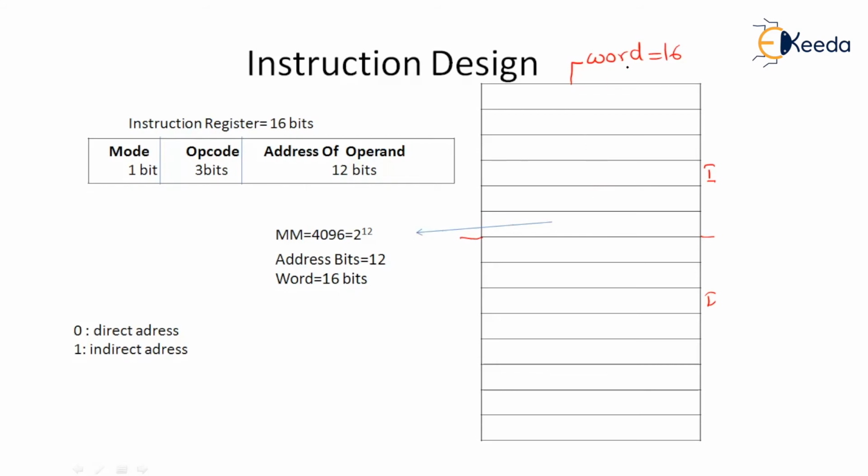So one word in the main memory is equal to 16 bits. In this one word, either an instruction or a data element will get stored. The word portion in the instruction memory is going to hold the instructions. The word portion in the data memory is going to hold the data elements.